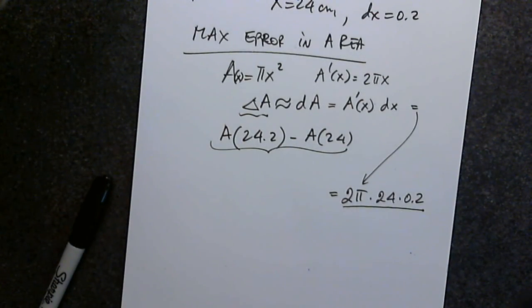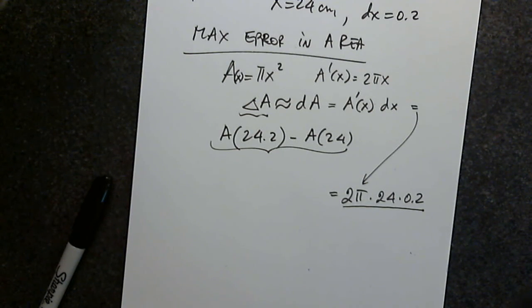So I have pi, I'm going to put pi outside, it's a constant. So pi, in parentheses, 24.2 squared minus 24 squared, and this is the exact.